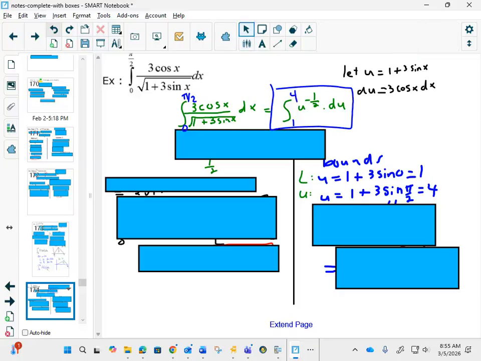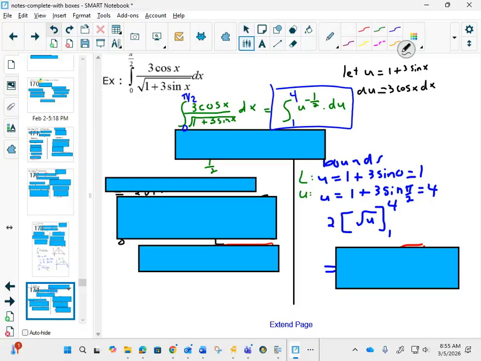Then from there, you go directly to that. Add 1 to the exponent and divide. Dividing by a half, we'll put that 2 out in front. So if I was doing this, I would probably have that extra step. I'd write it like that. That feels more comfortable.